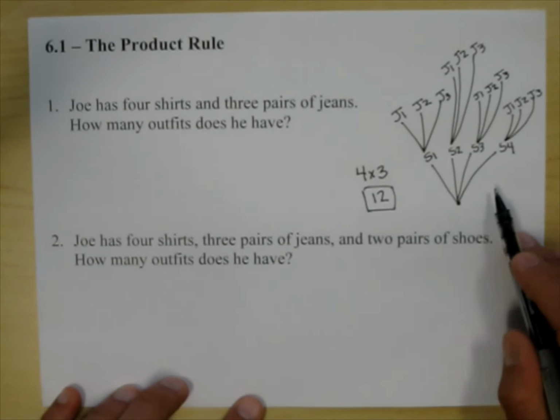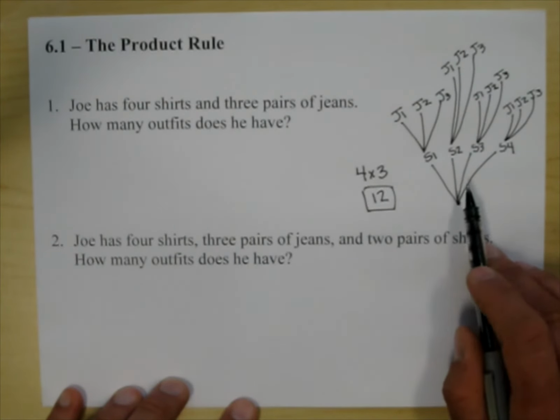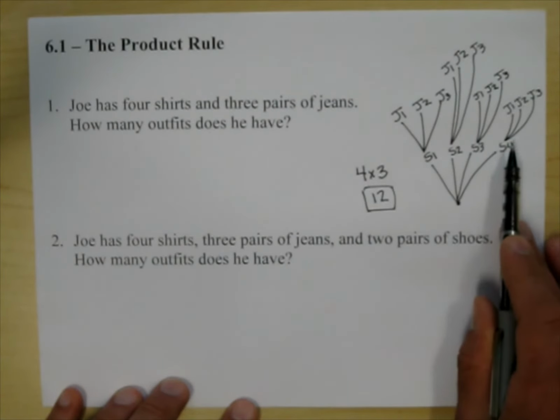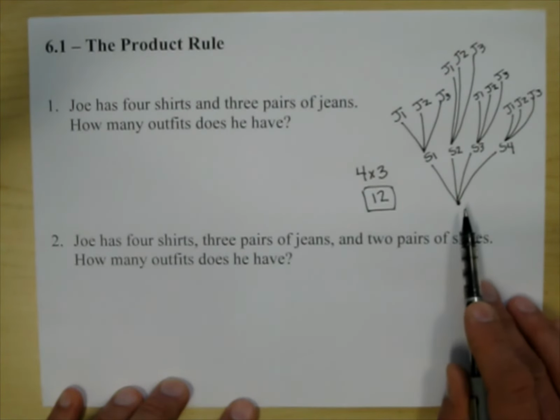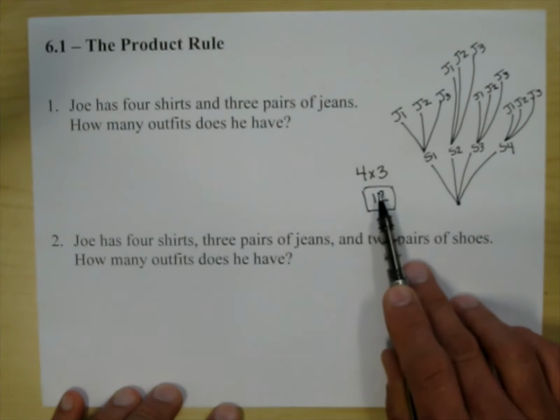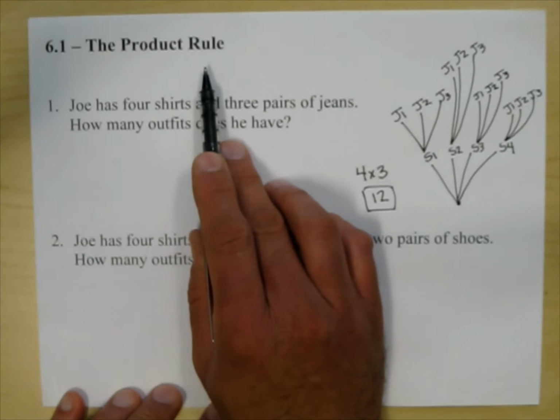So I'm required to show you the connection between graph theory, but in our homework we probably don't want to write out trees for every single problem, especially when the answer is going to be like 100 or 200. We would rather multiply some numbers together. So this section is called the product rule.